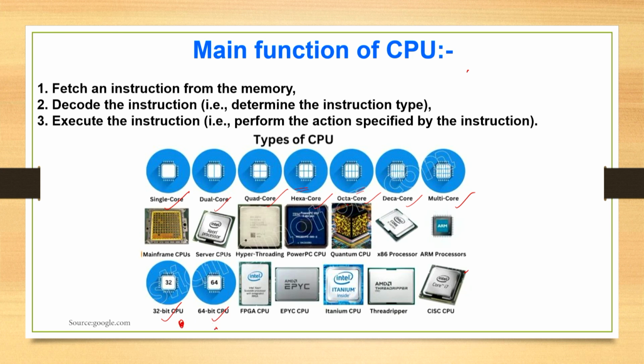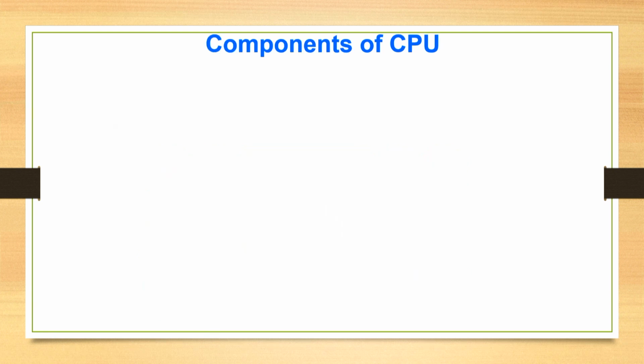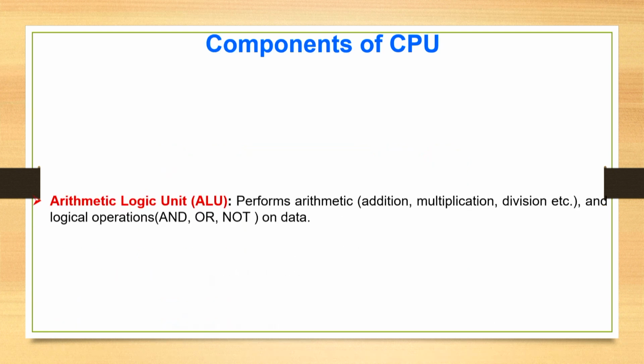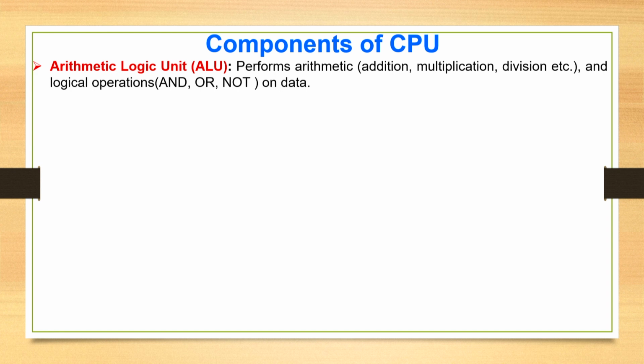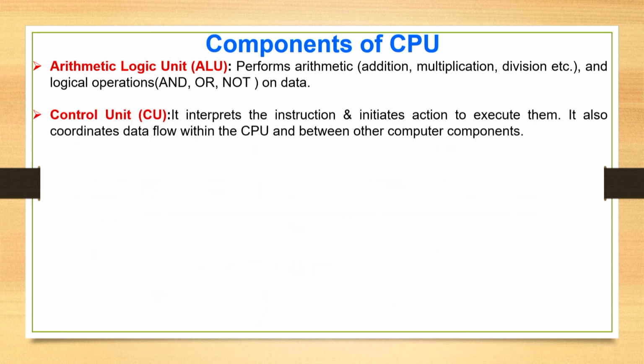The components of the CPU are the arithmetic logic unit that I already told. It performs arithmetic operations and logical operations. Arithmetic operations include addition, subtraction, multiplication, division, whereas logical operations include AND, OR, NOT.